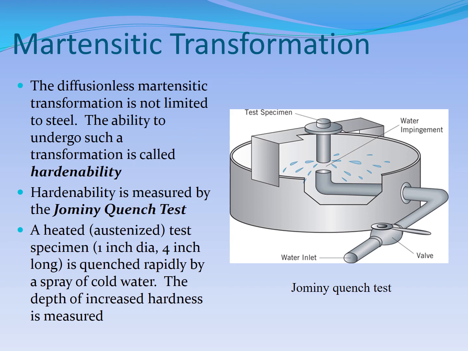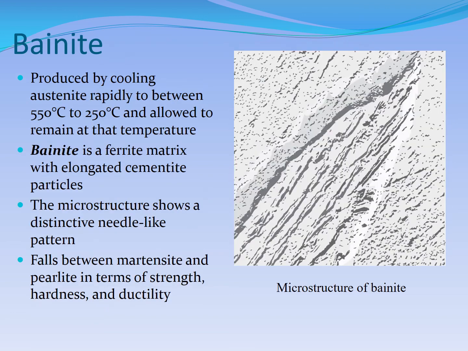So the Jominy test does this hardenability measurement. And here we are just mentioning it because when you are quenching, you are increasing the martensite. First the surface layer has more martensite, then some more layer, then some more layer, and so on.